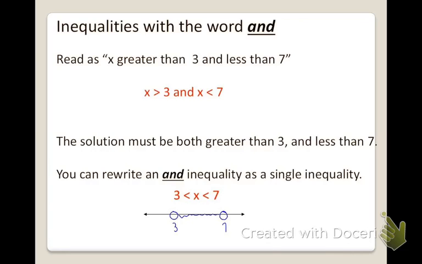And so this shows us that when we graph this, we want to color in all the solutions that are between 3 and 7. So the graph looks like that. And of course, open circles on 3 and 7, because we don't want to include 3 and 7. Remember this stuff a little bit?